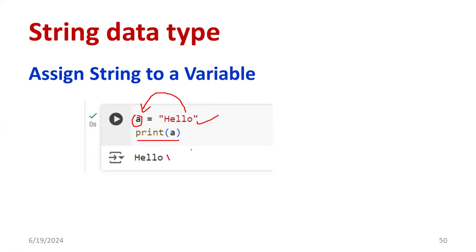Print a, then hello will be displayed. So this is a simple concept of assigning a string to a variable. We have the string called hello, and hello will be assigned to a variable called a. If I try to print the value of a, the result will be displayed as hello. Hope it's clear to everybody. This is a simple method to assign a string to a variable.